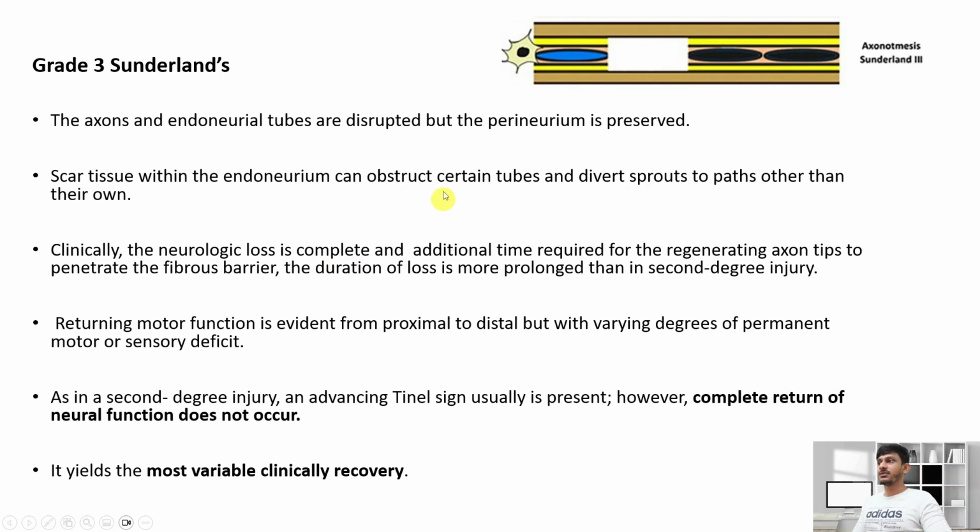The nerves can also escape through the endoneurium into the surrounding nerve, and cross innervation can occur. The returning motor function is evident from proximal to distal, but with varying degrees of motor and sensory deficit. Complete return of neural function may occur, but it usually does not, and this yields the most variable clinical recovery.